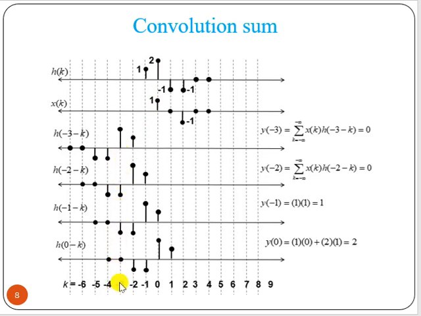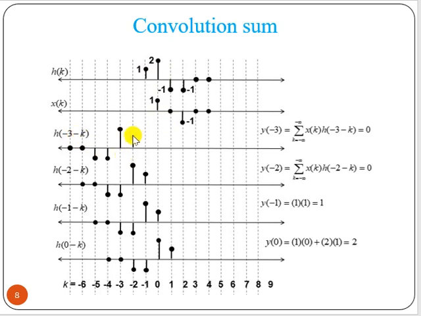You can see here, this is your minus 3, right? And this one was at 1, so it is at 1 plus minus 3, at minus 2. Similarly, these two go from minus 1, minus 2 to minus 4, minus 5, right? So it is h of minus k term shifted by minus 3, as minus 3 minus k.